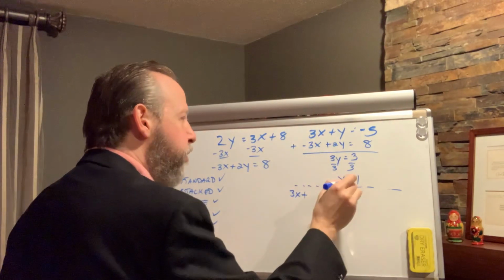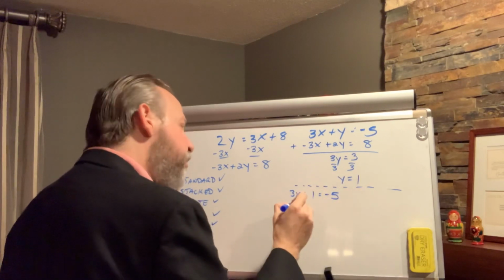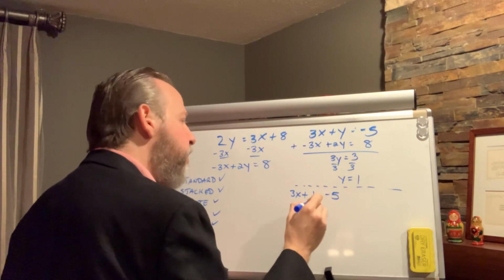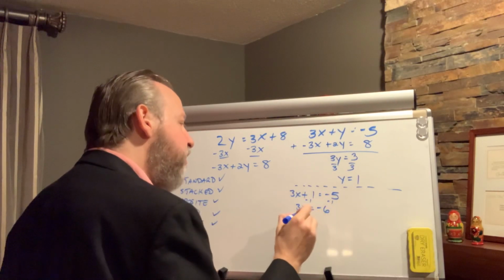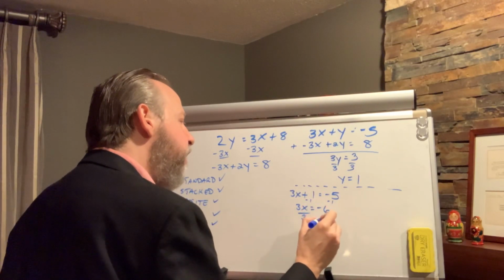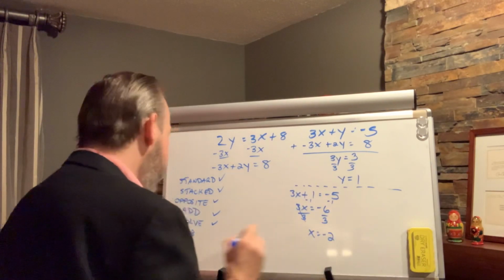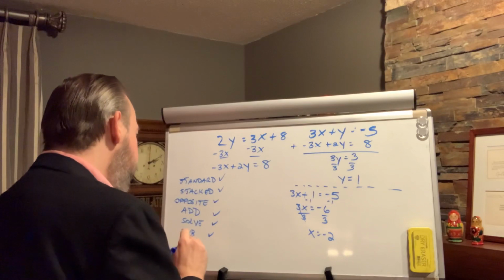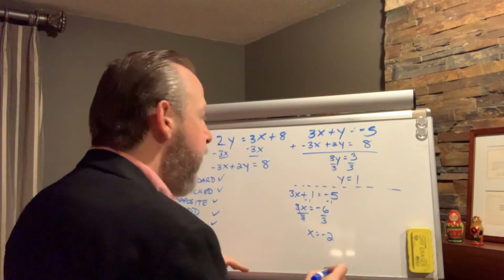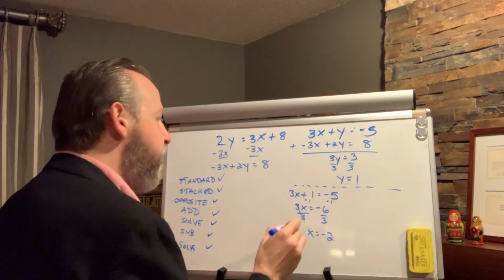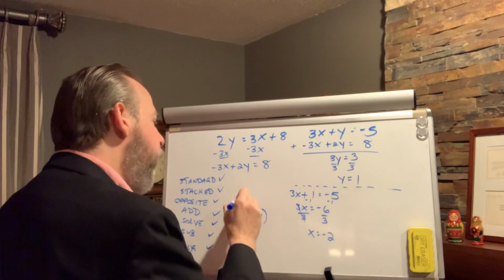I'm going to just plug in the number 1 there. Equals negative 5. Subtract 1 from both sides, and I get 3x equals negative 6, and divide by 3, and x equals negative 2. That was my sub and my solve. I'm finished. The solution to the system is the coordinate negative 2, positive 1.